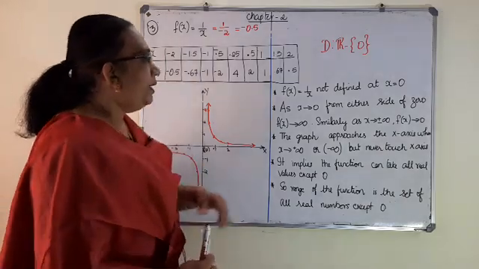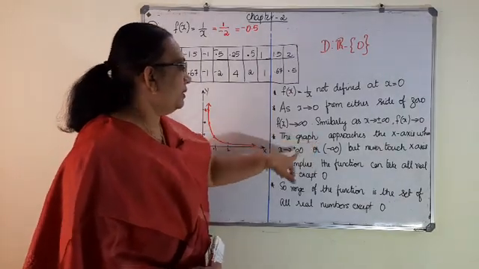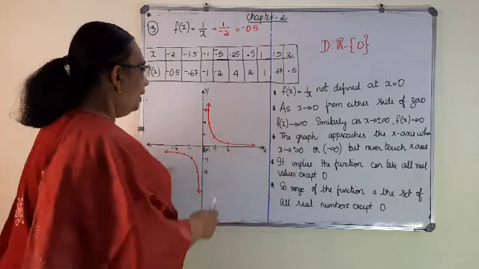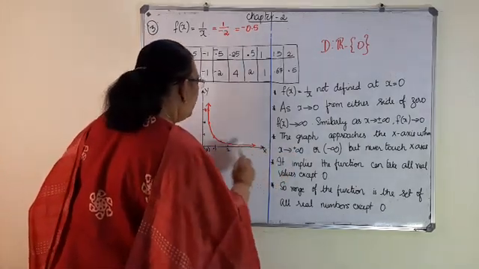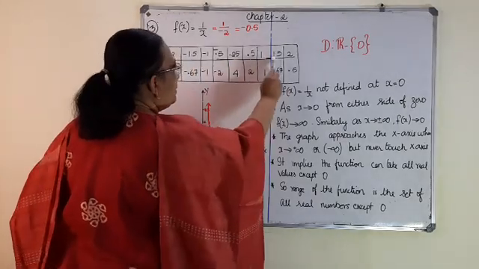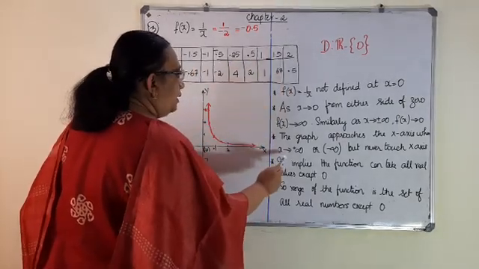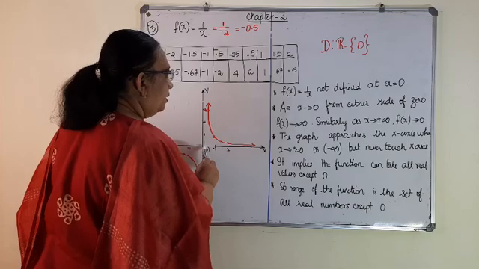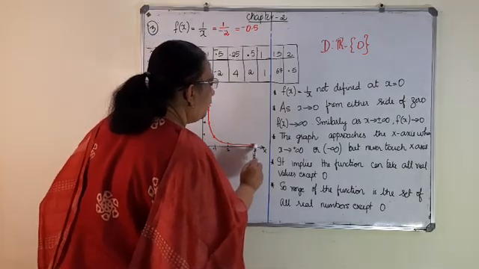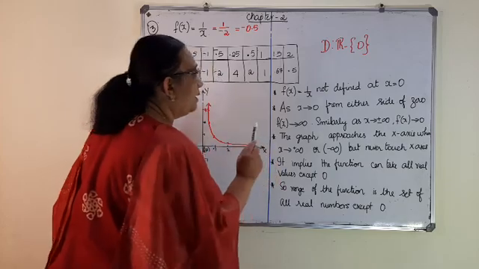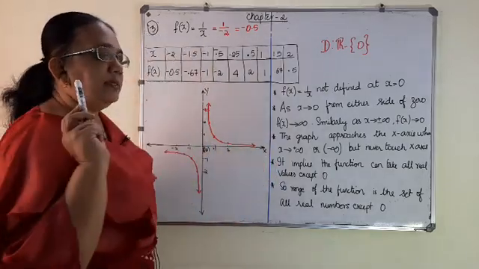The graph approaches the x-axis when x tends to infinity. The graph comes very, very close to the x-axis, but it never touches the x-axis.